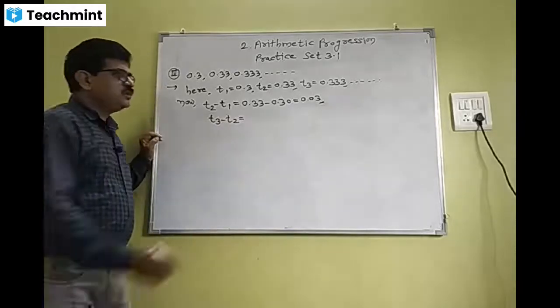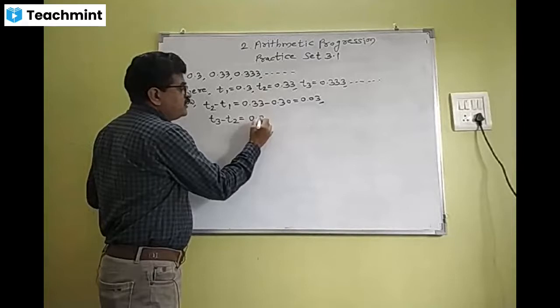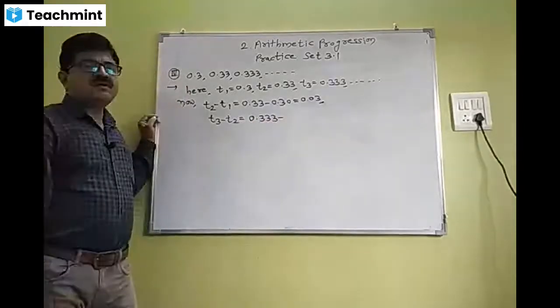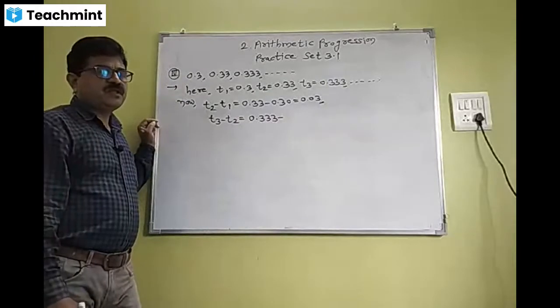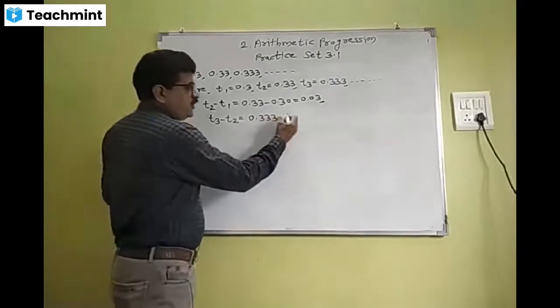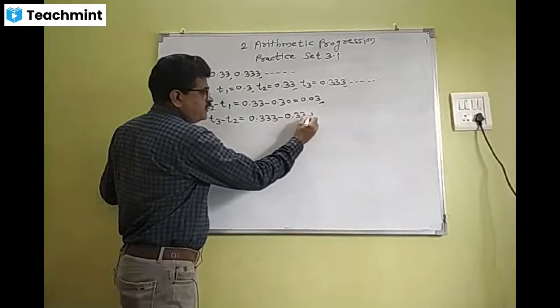T3 minus T2 is equal to, write down value of T3, 0.333 minus, सांगा काय लिहावं लागेल बरं? 0.330. Correct.